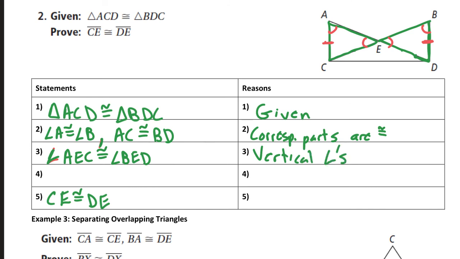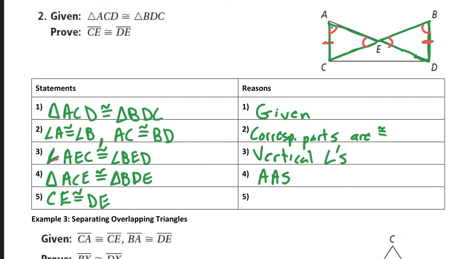Those are vertical angles. So through all that, what I can say is that triangle ACE is congruent to triangle BDE. And this is going back in our memory banks, this is by AAS, angle, angle, side.